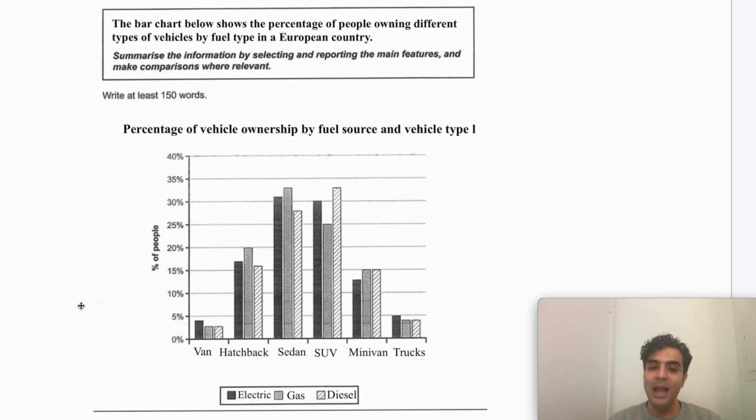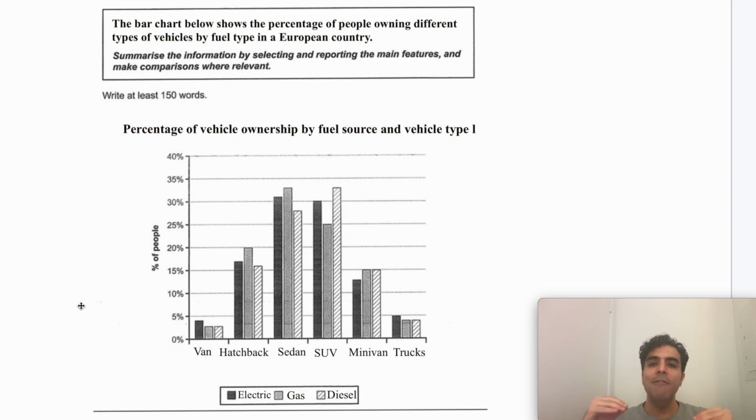Well, in the electric category, I'm only going to mention the highest and the lowest percentage, right? So I can say the highest percentage of electric cars owned were in the sedan category, right? And the smallest percentage of electric vehicles belonged to the van category. Do you see what I just did there? I didn't mention all of the categories and their numbers.